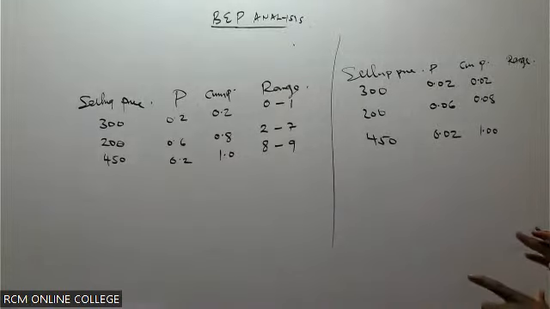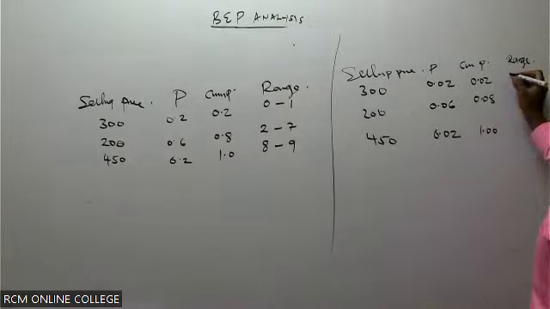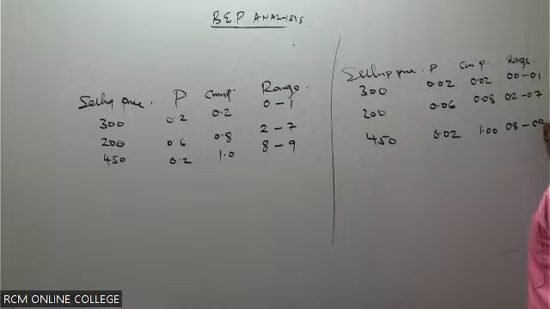The same items actually, here I'm going to have 0 to 0.1, 0.2 to 0.7, 0.8 to 0.9. For example, let me just try to put that there.